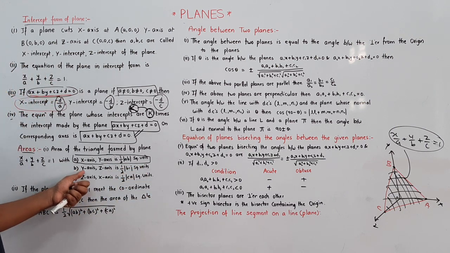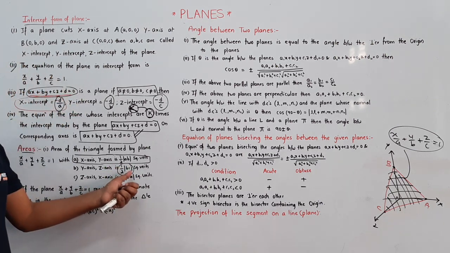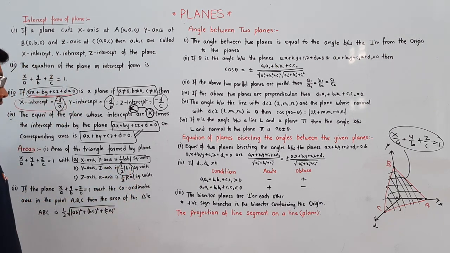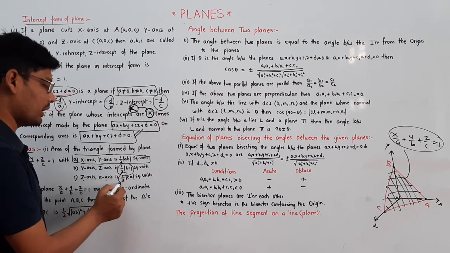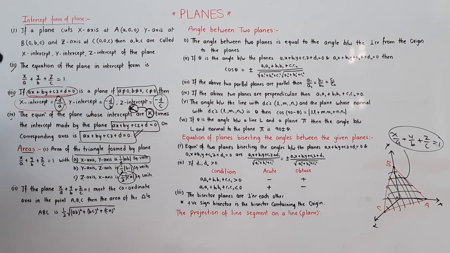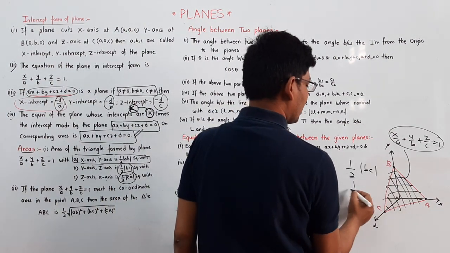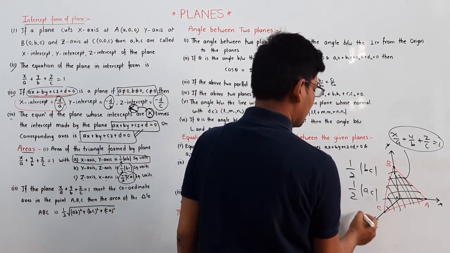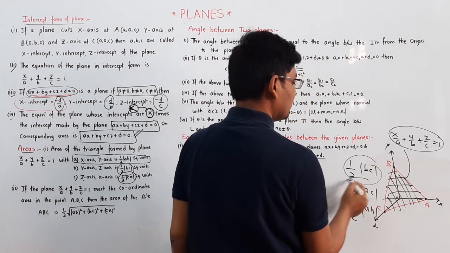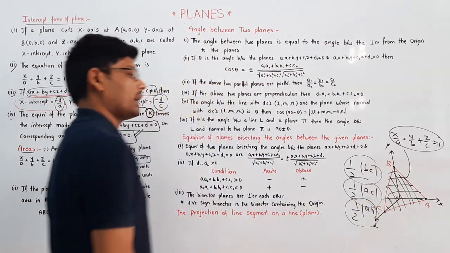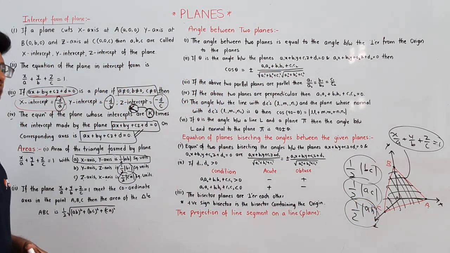With the y axis and z axis, it is 1 by 2 mod of BC. With the z axis and x axis, it is 1 by 2 mod of CA. So we have 3 areas of the triangle framed by the plane x by a plus y by b plus z by c is equal to 1.